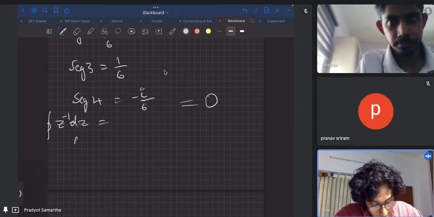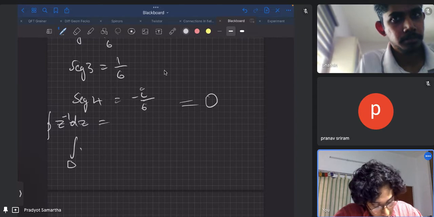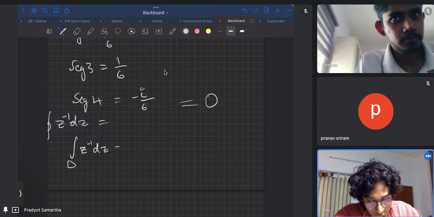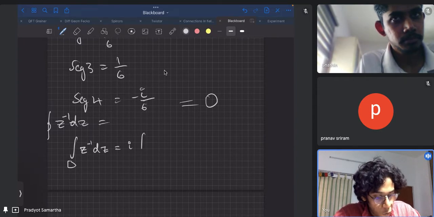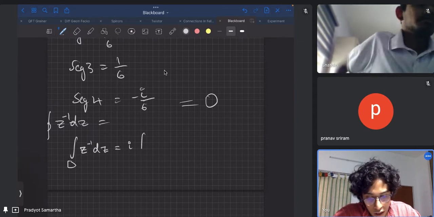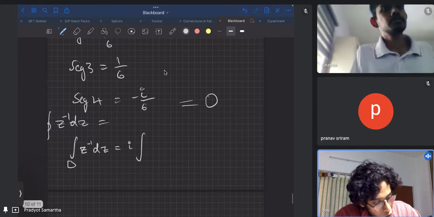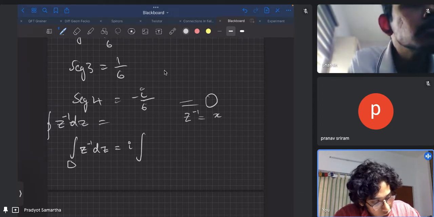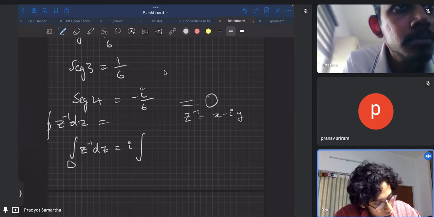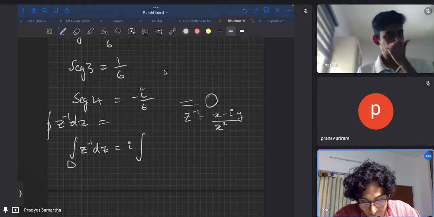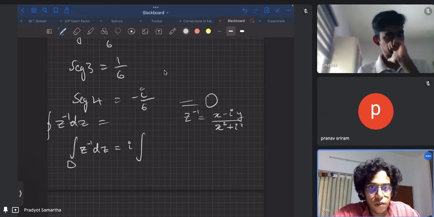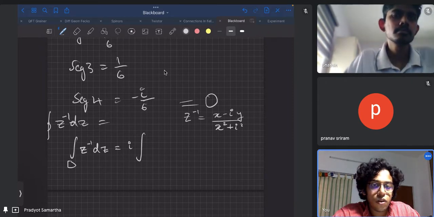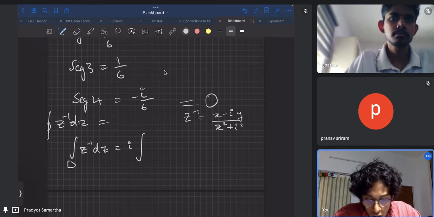The integral of z to the power of minus 1 dz is equal to i times the integral of... you can write z to the power of minus 1 as x minus i y by x square plus y square.